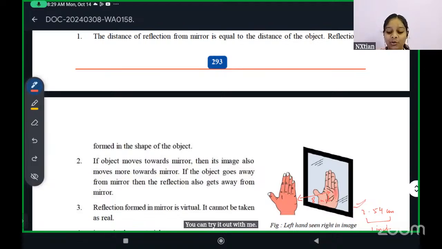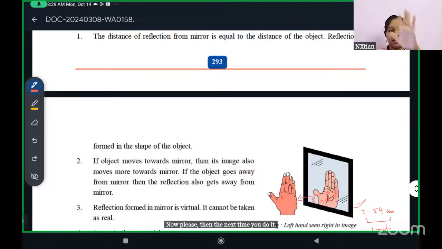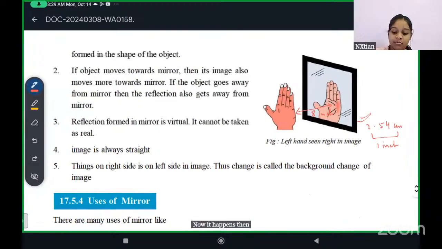If the object goes away from the mirror, then the reflection also goes away from the mirror. Next time you do it, place your hand and take it slowly away from the mirror. You will see that the reflection will also go back. Ma'am, we can do it here only, using our camera.